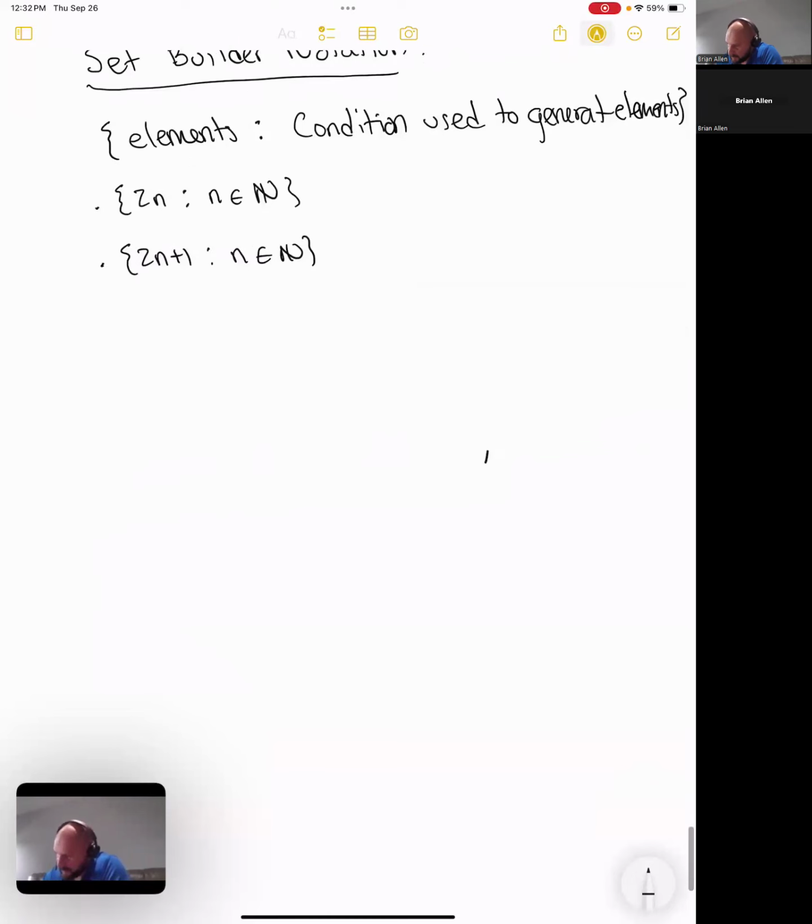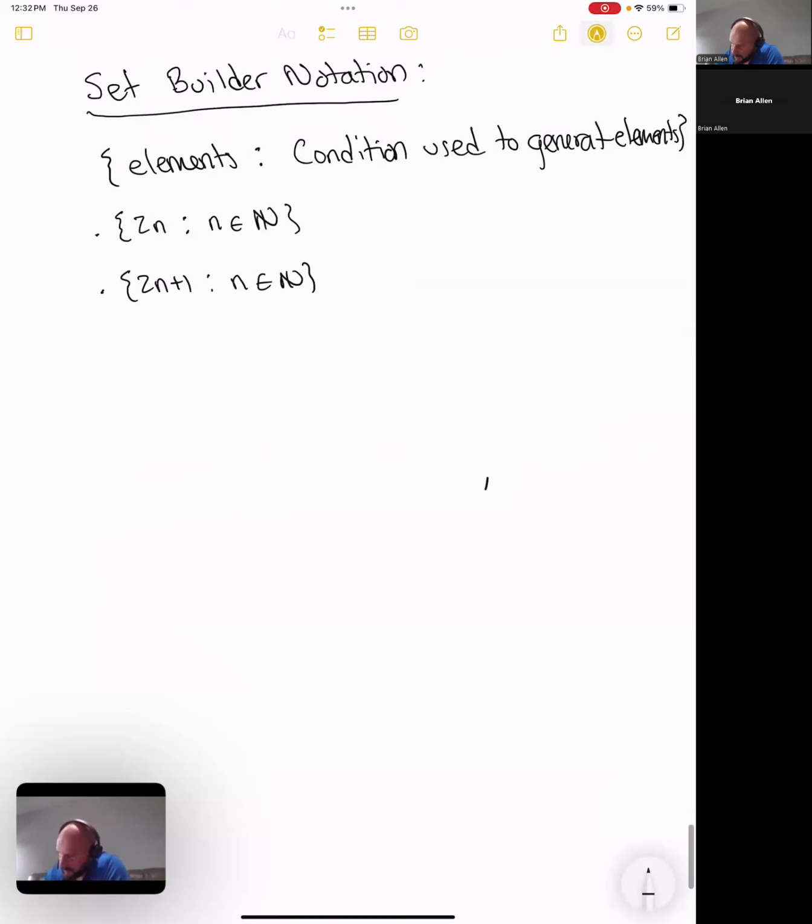Other examples could be the set of all numbers that can be written as n squared, where n is a natural number, or the set of all integers n where n is even, is another way of saying this. Okay, so what are these sets if I wanted to list them out?